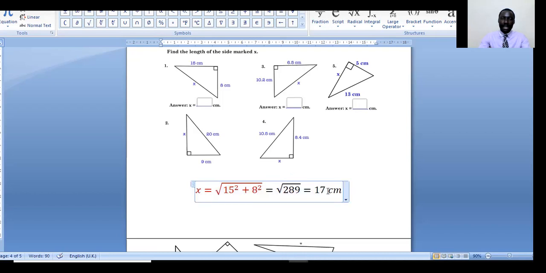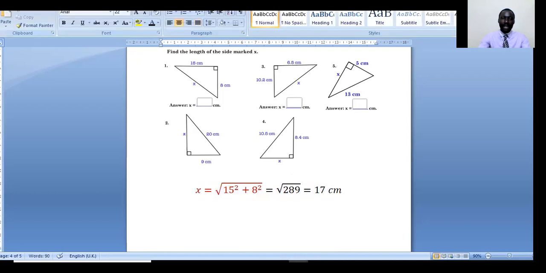That is how we find the value of X in the first question. Now, the other thing that we also want to include is the second question.